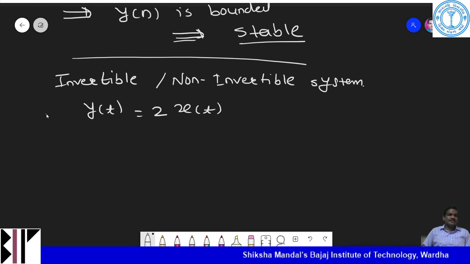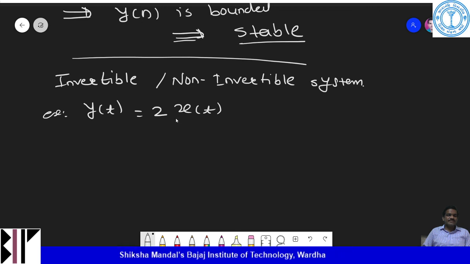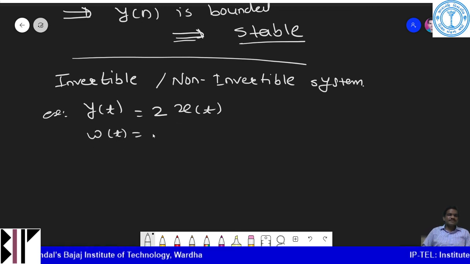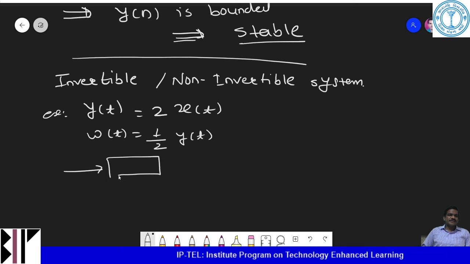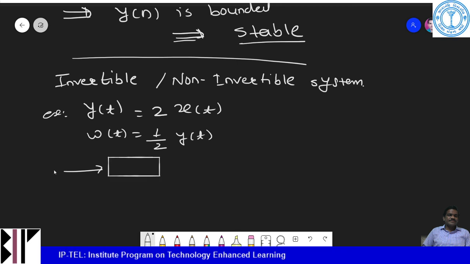So in this example, y of t is nothing but 2 times x of t has been given, and for this system, the inverse system is 1 by 2. That means this is my system.